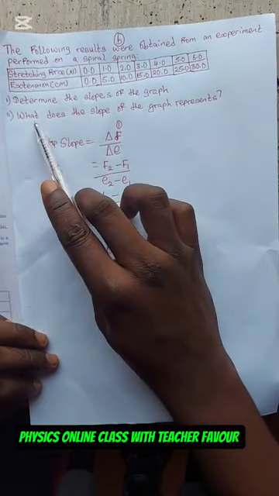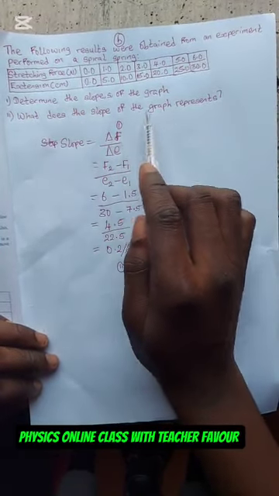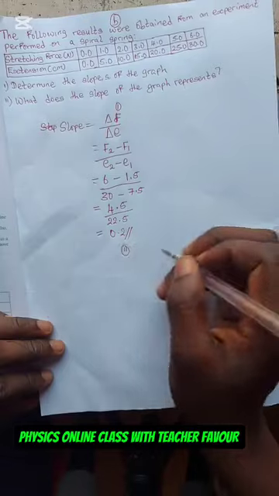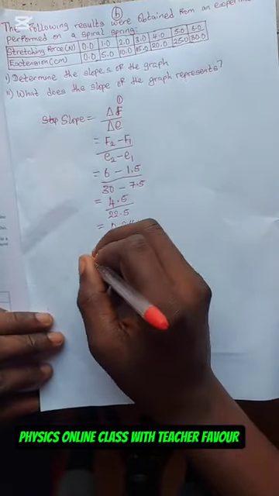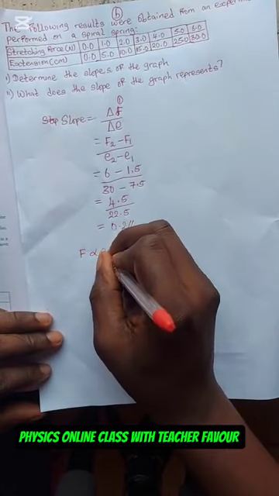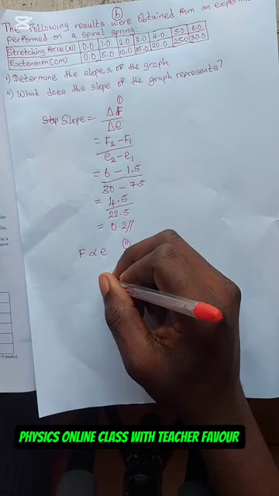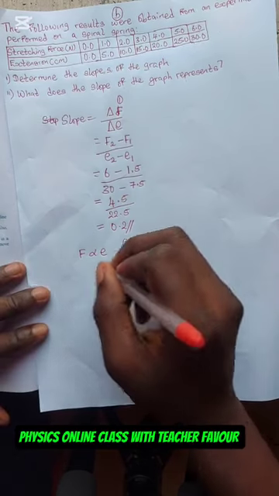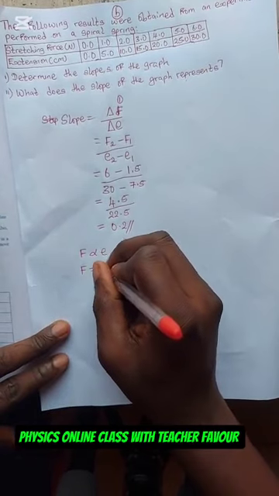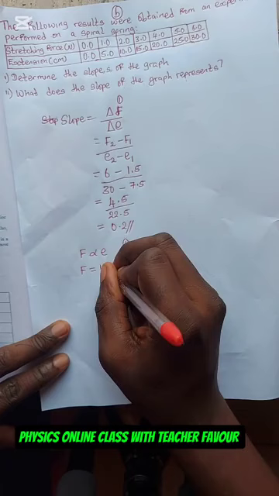Going to the next question, it says, what does the slope of the graph represent? One thing you should know is that this is a graph of force against extension. And force against extension talks about Hooke's law. Removing the constant of proportionality, we are going to have F = KE.